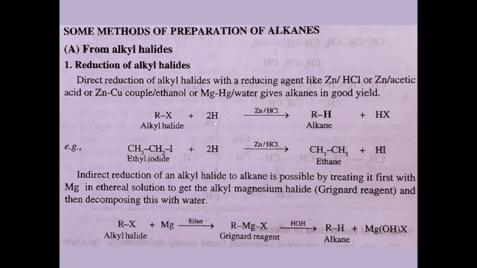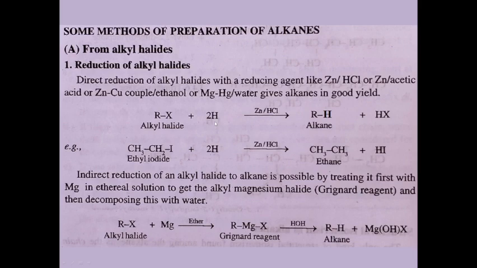So the next method is Wood's reaction. Our starting material is an alkyl halide, and it reacts with metallic sodium in dry ether. It gives higher alkanes.